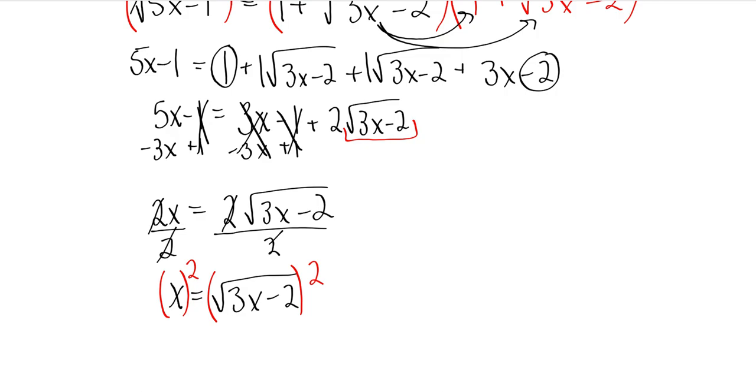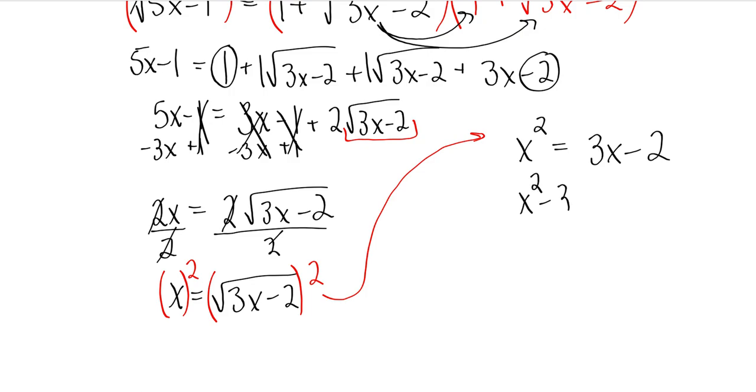Okay? Let's move our work over here. On the left, we got an x squared, and then 3x minus 2 on the right. Now put everything on one side. And guess what we're going to have to do here?